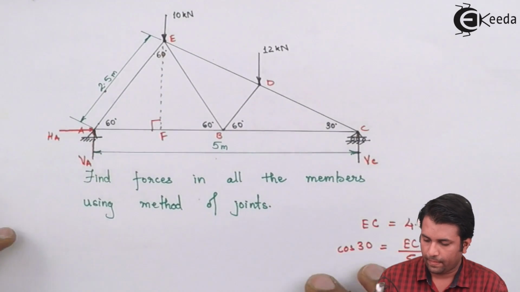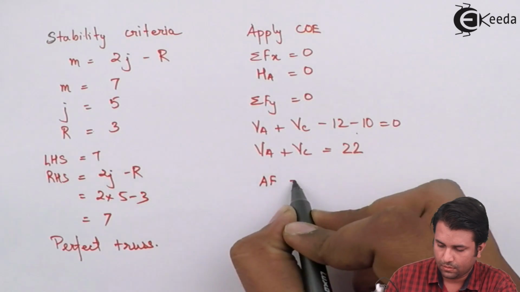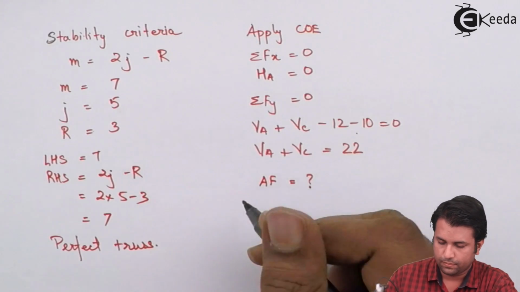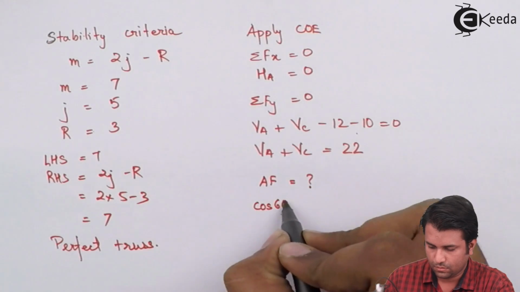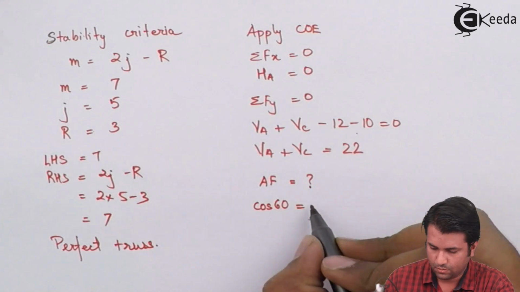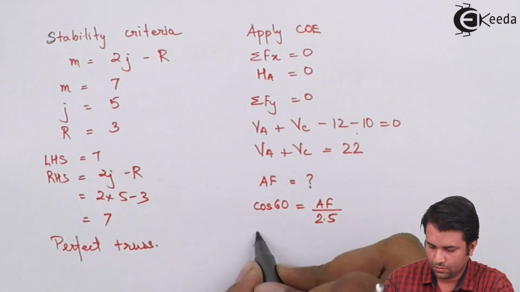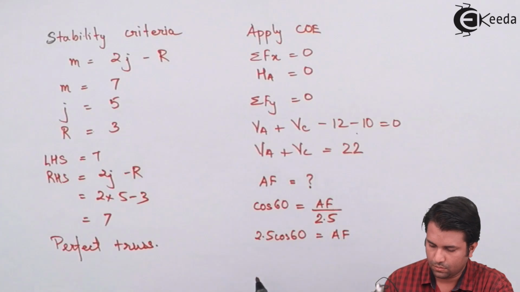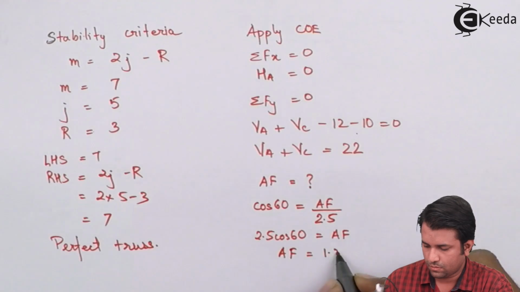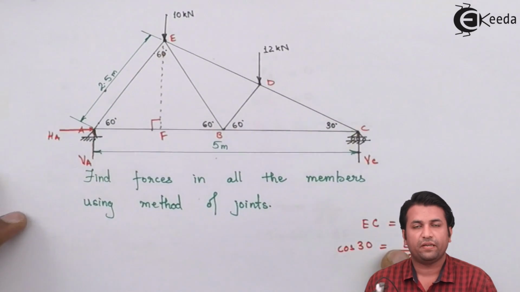So, I'll just write it on the next page. Now, the distance that I'm getting for AF is 1.25 meters.